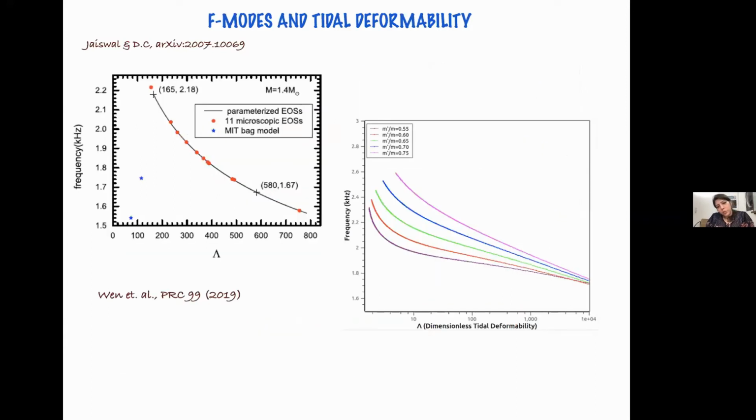And then we probed the relation between the f mode frequency and tidal deformability for this uncertainty regime of effective nucleon mass. Comparing this with the recent work of Bao and Lee, where they considered a lambda between a minimum and maximum value given by nuclear constraints and GW170817, we found these results to be compatible within our uncertainty band.